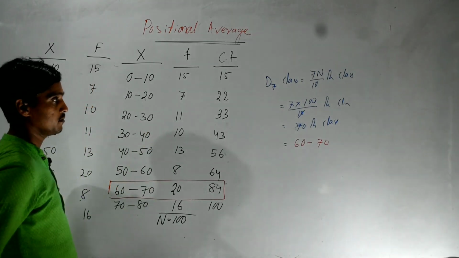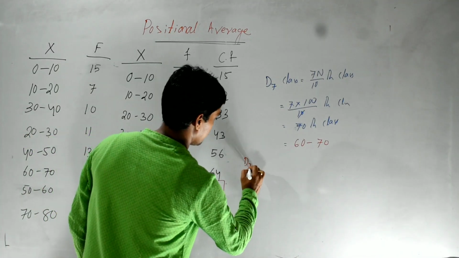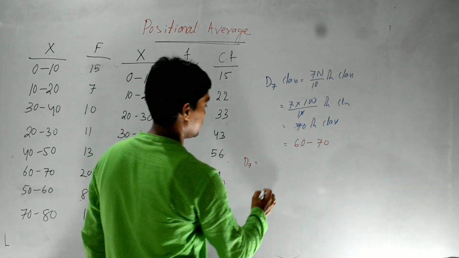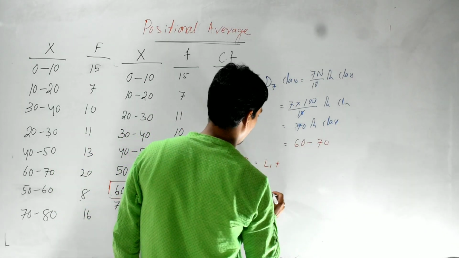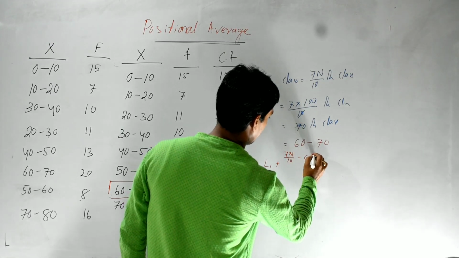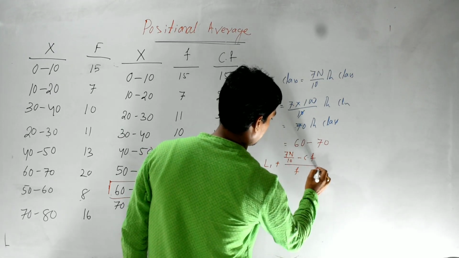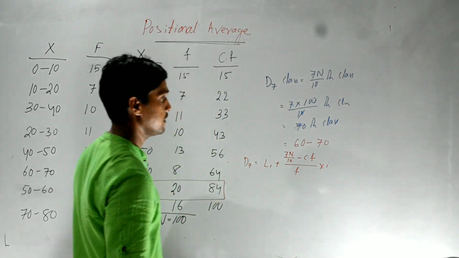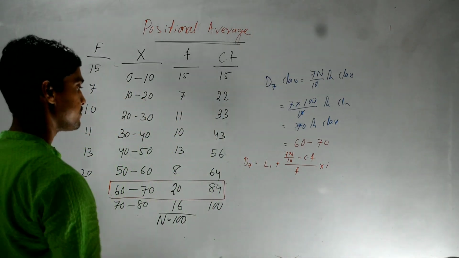Similarly, we can find D7 by applying its rule, that is D7 equals L1 plus 7n by 10 minus CF, divided by F, into i.